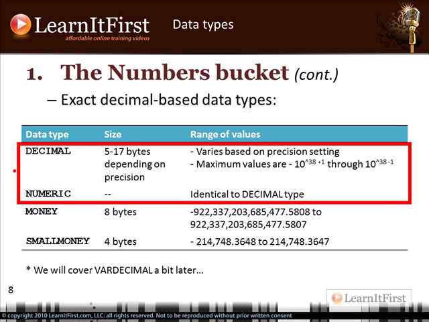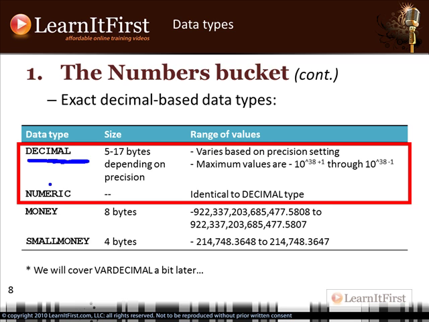There is no difference. Most of the Microsoft people will use decimal instead of numeric. I find that people coming from other languages are often using numeric rather than decimal, but it does not matter. They are the same thing.